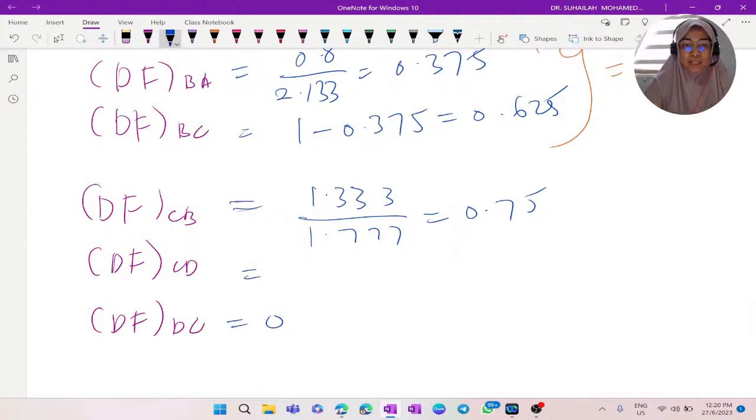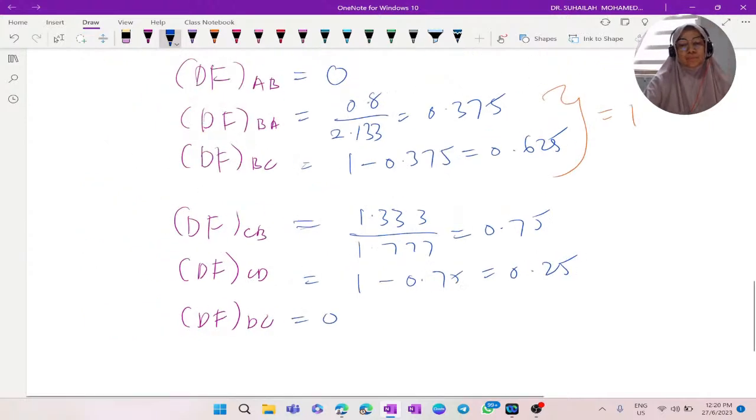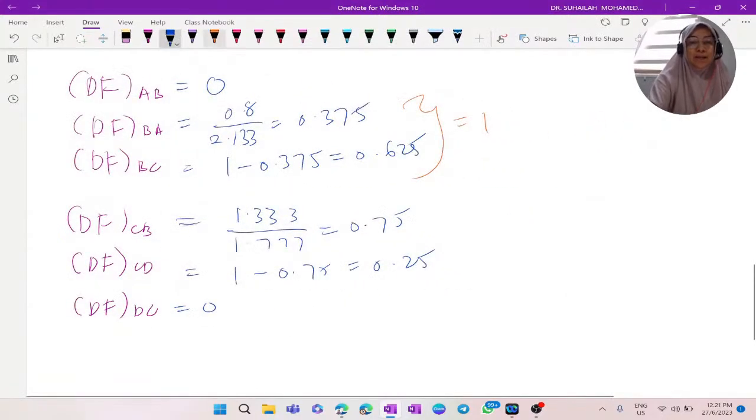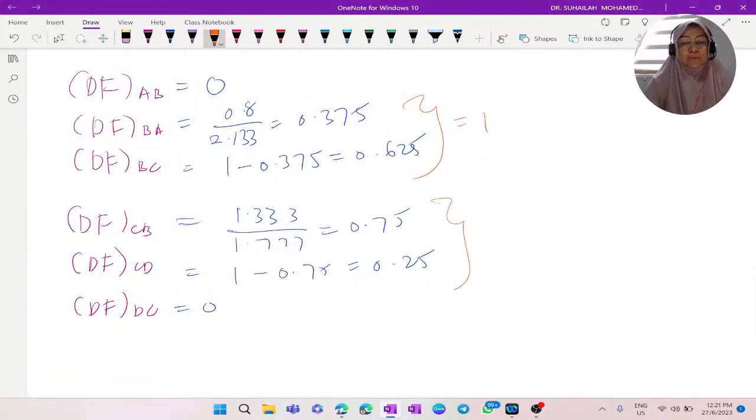Once we get CB, we get CD by using 1 minus 0.75, which is 0.25. Again, the total distribution factor at joint C is equal to 1.